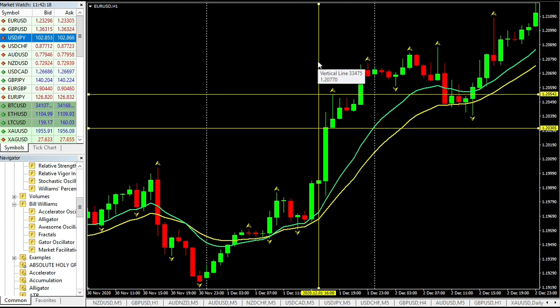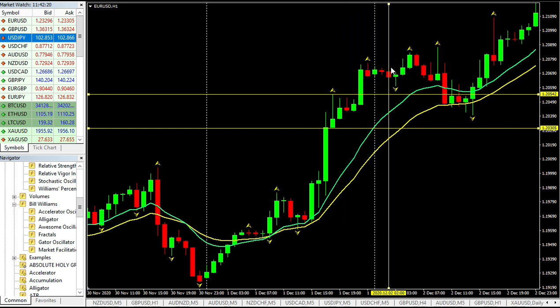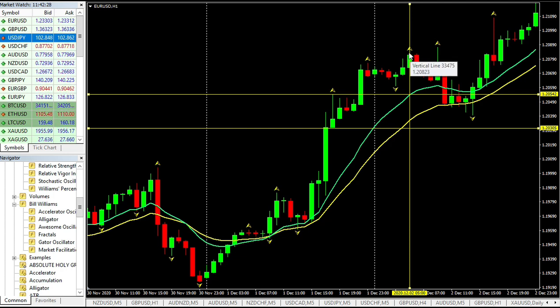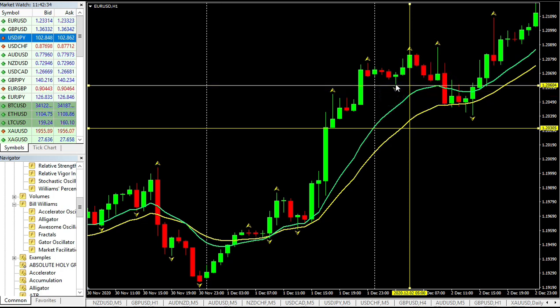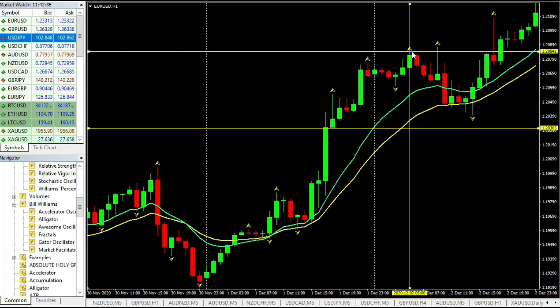Now if you find the down fractal much nearer, for example here you have an up fractal telling you to go long, so you will go long here, and then you have the down fractal quite close to you, so you will use it.